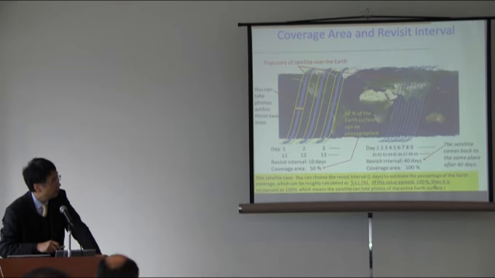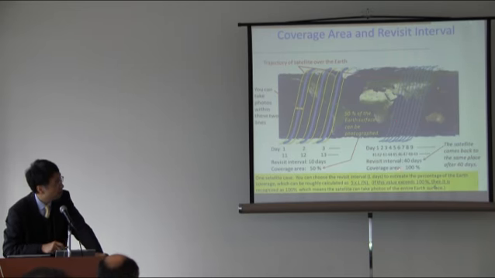So if you have a large revisit interval, for example 20 days, the geographical interval between the orbits is very small, and you can cover almost all the area, for example 100%.